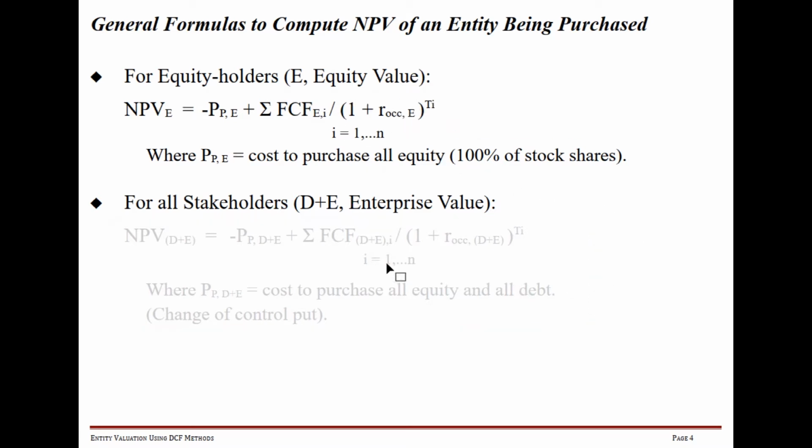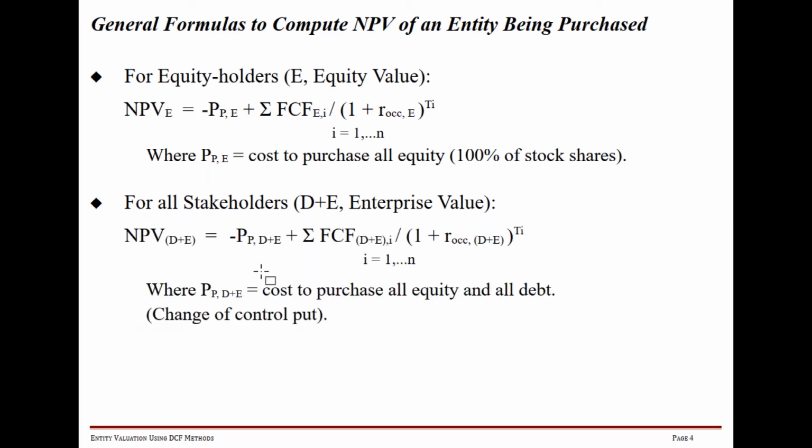And then similarly, we looked at the NPV we would get for all stakeholders, and that gave us something like this. So now we have P0 for D plus E, and that represents buying 100% of the shares and, if there is any existing debt, repaying that existing debt. And then again, now we have to look at the free cash flows to the shareholders and the lenders for as long as the debt-equity team is involved in this project.